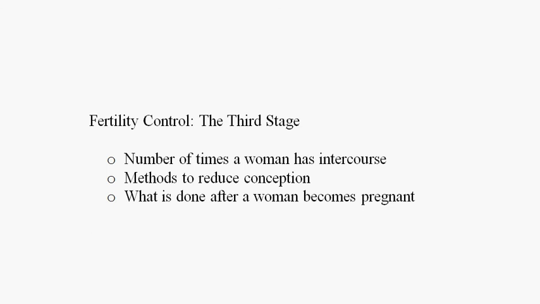Also in the West, we developed fertility control. How many times women have intercourse, how often they become pregnant, and methods to reduce conception, and finally, what is done after a woman becomes pregnant, is called fertility control.